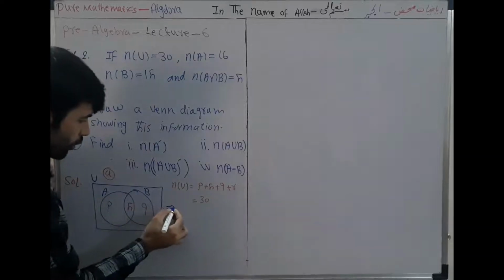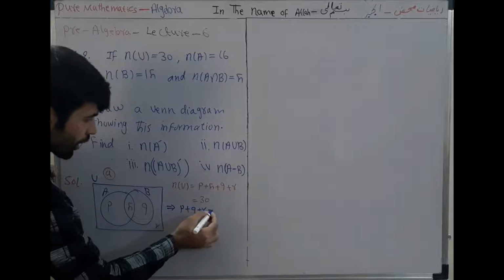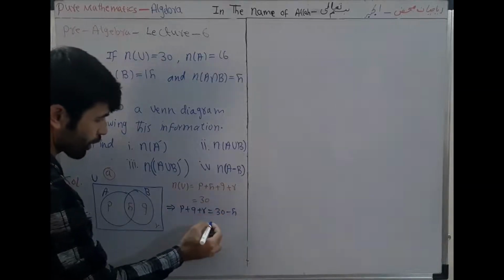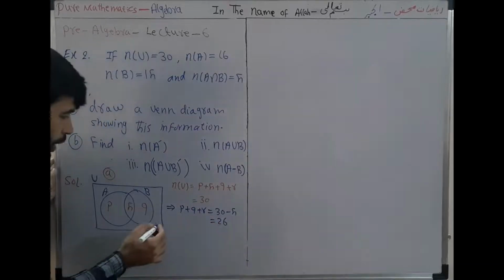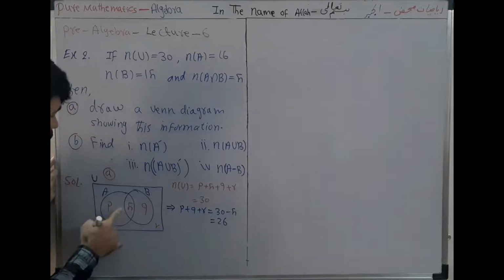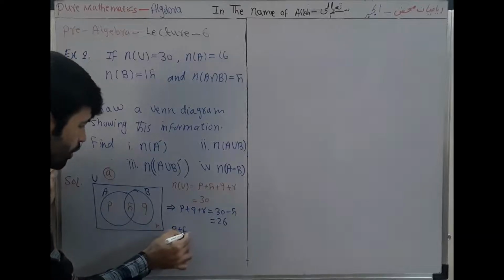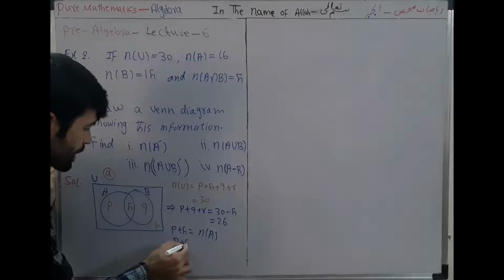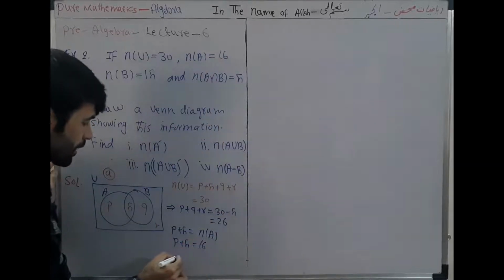In fact, P plus Q plus R is equal to 30 minus 5, which is 25. Now we have n of A: P plus 5 is equal to n of A, which is 16.